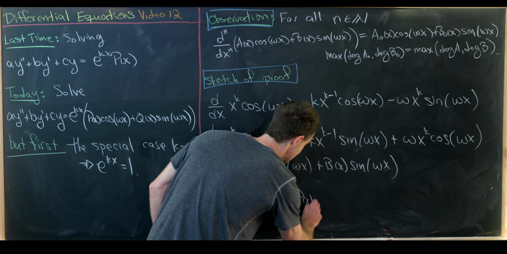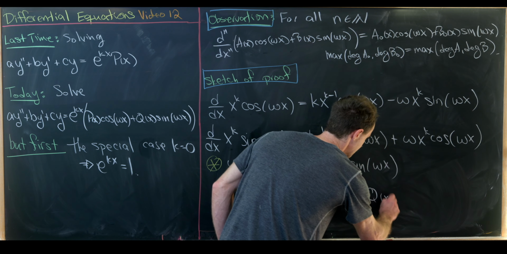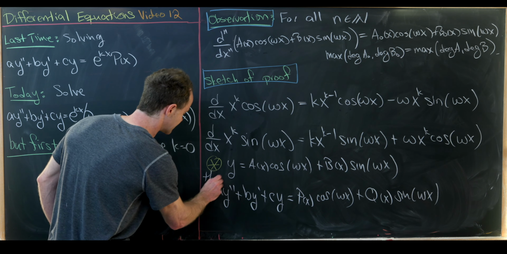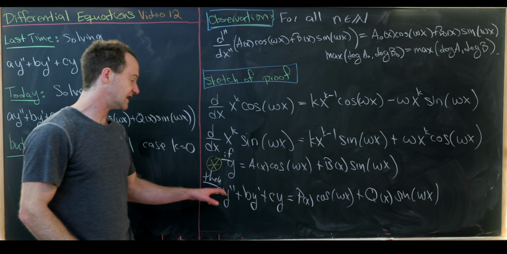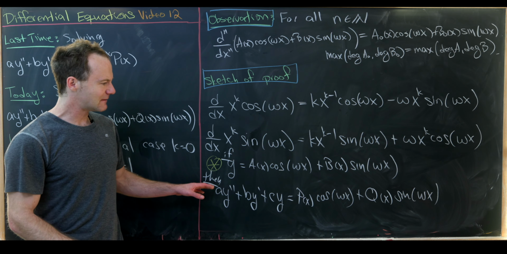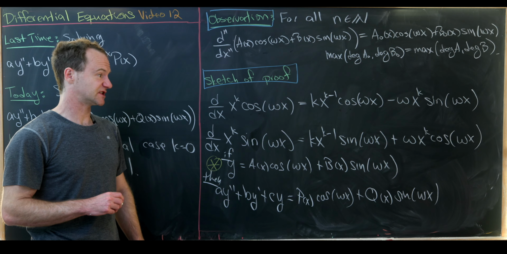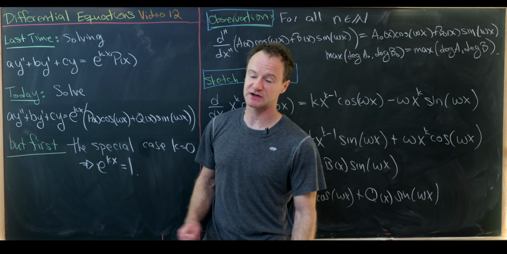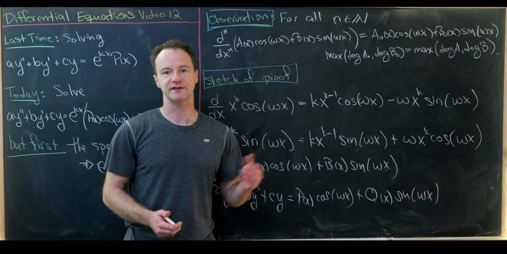So I'll write this as p of x times cosine omega x plus q of x times sine omega x. So if y is of that form, then ay double prime plus by prime plus cy is of this form. And that motivates us to write down a pretty easy theorem which gives us a strategy for solving these types of differential equations in our special case when k is equal to 0. And that's what we'll start the next board with before we look at some examples.